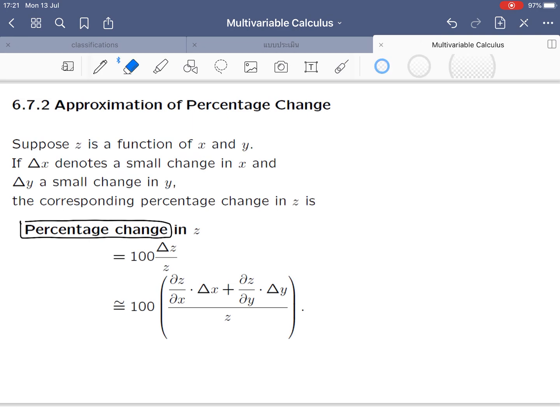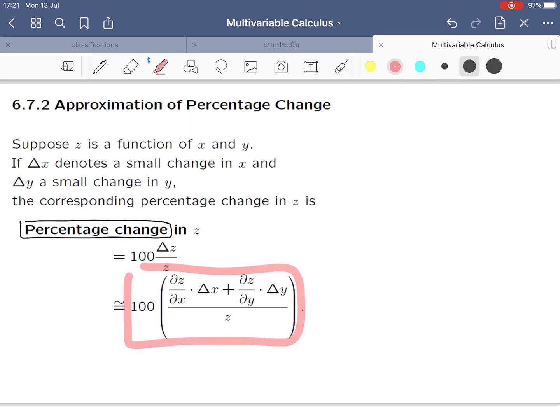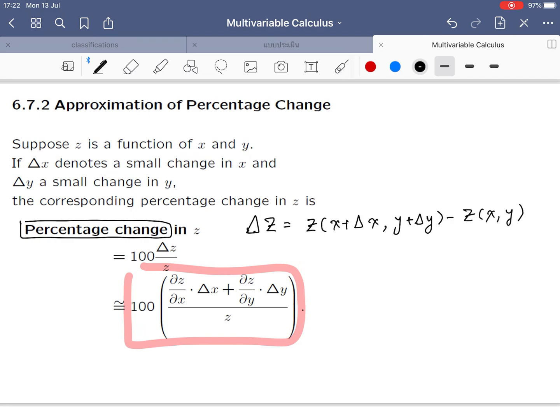So this is your simple formula. Again, don't forget that your delta z is actually z of x plus delta x and y plus delta y minus z of x, y, but it can be approximated by these two contributions added together.